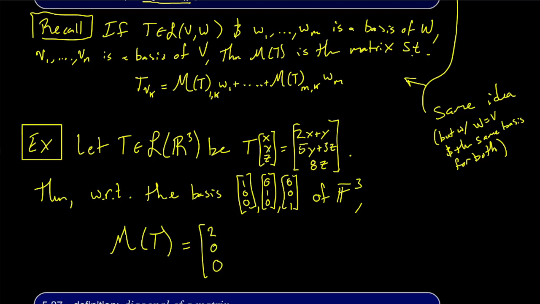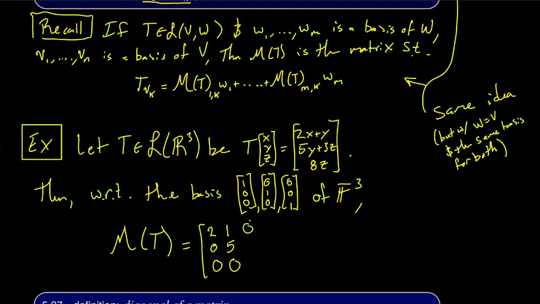Now, if I put 1 in for y and 0 in for x and z, that is if I plug the second basis vector in, then I will get (1, 5, 0). So that's 1 of the first one, 5 of the second one in this basis, and 0 of the third. Now, finally, if I put z equal to 1 and all the other ones equal to 0, I'll get (0, 3, 8).